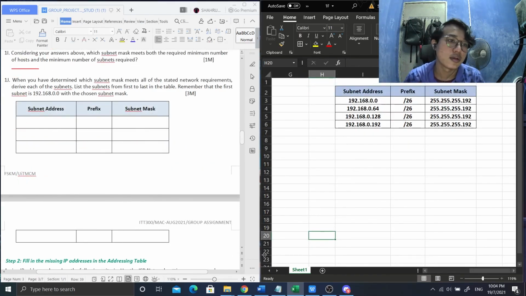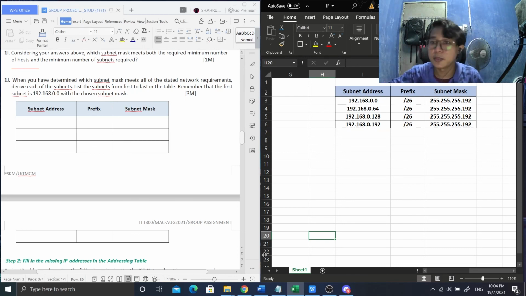Okay, for the answer of question 1J, when you have determined which subnet must meet all the stated network requirements, derive each of the subnets. List the subnets from first to last in the table. Remember that the first subnet is 192.168.0.0, with the chosen subnet mask.